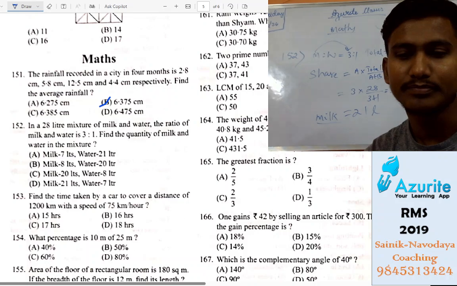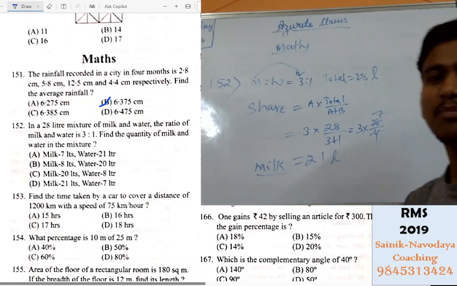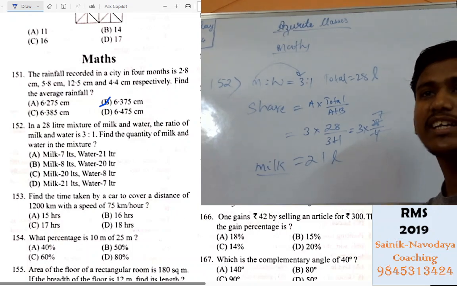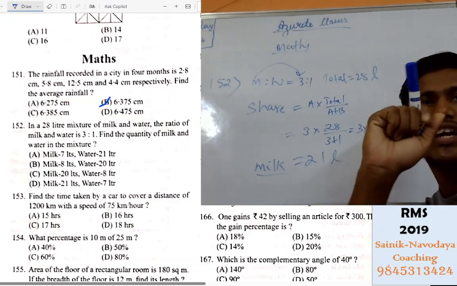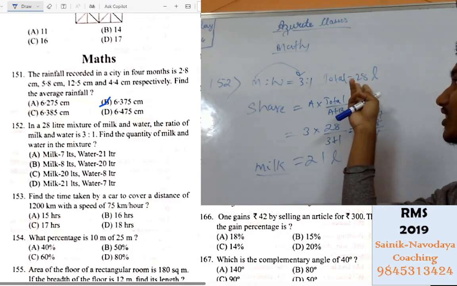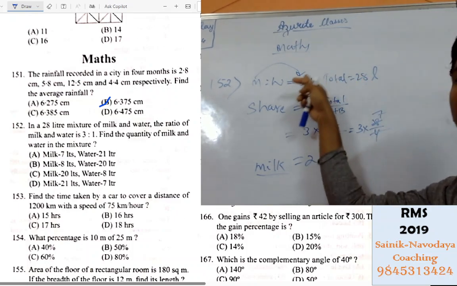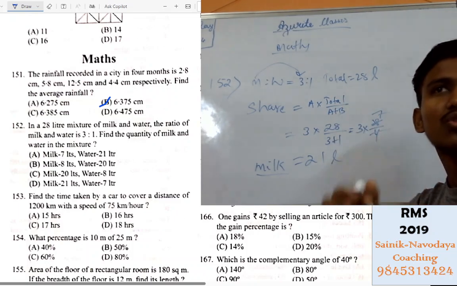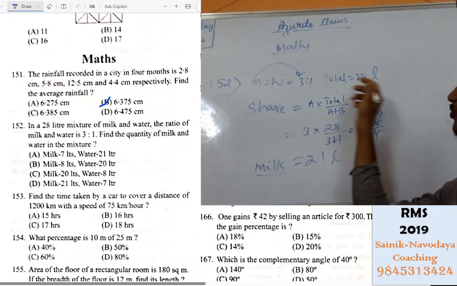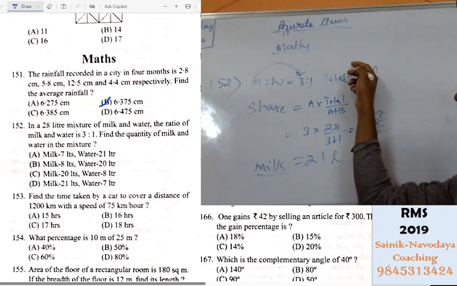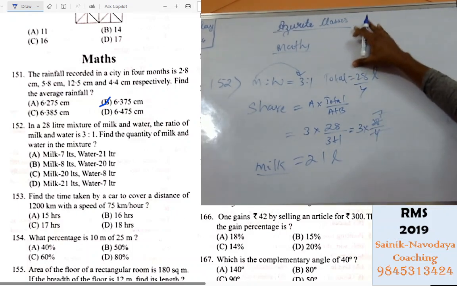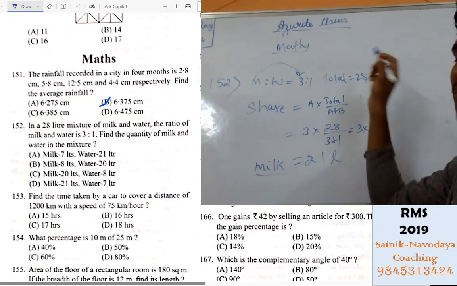Okay. So here I will explain one shortcut. The shortcut is, 28 liters is there. So you should add this, 3 plus 1 will be 4. So if you divide by 4, you will get how much? 4 7s are 28. So 7 will be the answer.